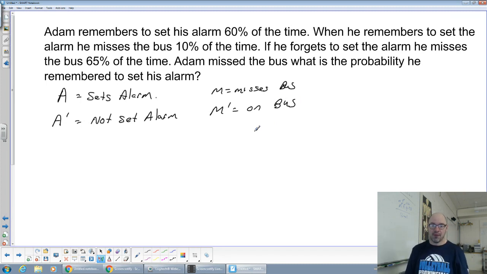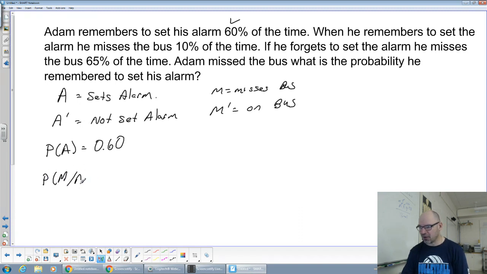So now the probabilities. Adam remembers to set his alarm 60% of the time, so that's just P(A). When he remembers to set the alarm, he misses the bus 10% of the time. So he will miss the bus given that he set the alarm is 10%.